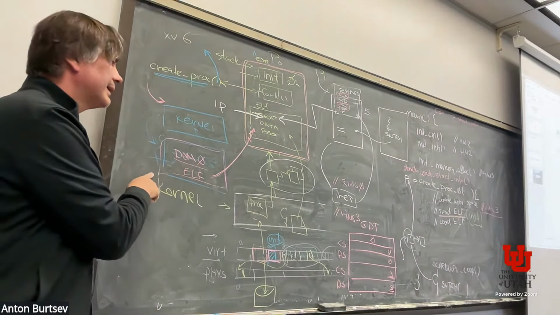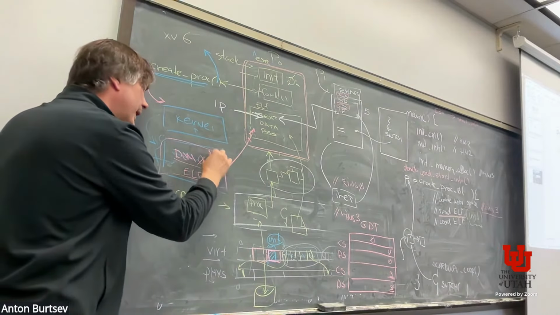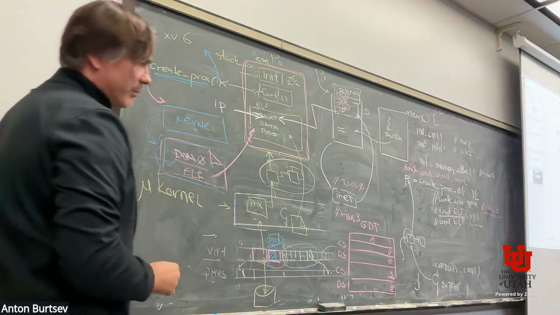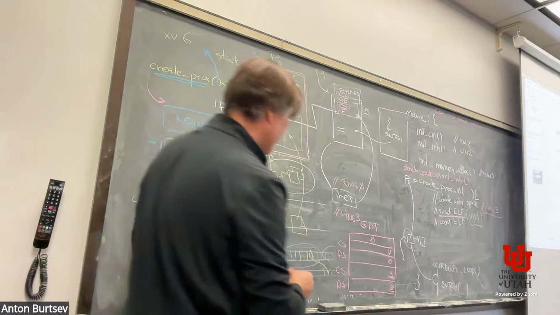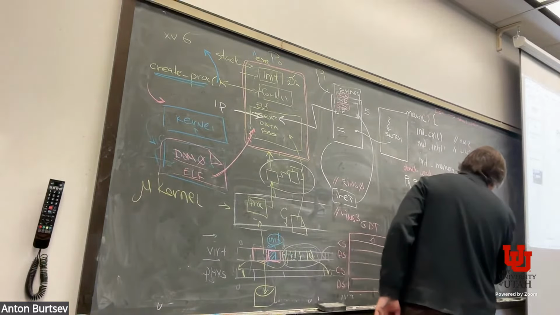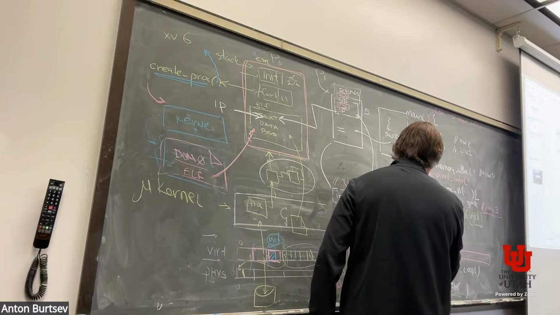How do we make sure that we take an ELF, which was generated by the compiler, and load it in the address space? Remember, we also agreed that the address space starts somewhere here, the user part of the address space. Let's call it user base.